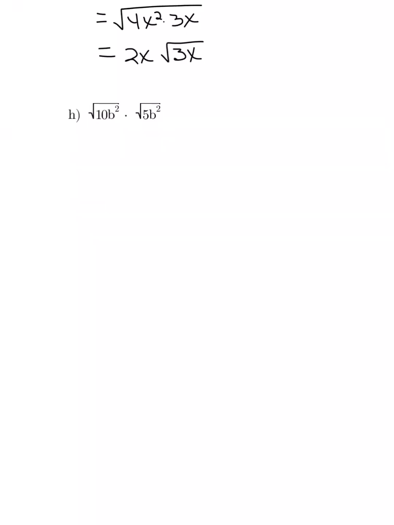We're going to take the square root of 10b squared times the square root of 5b squared. 10 and 5 don't simplify, so we're going to go straight to the multiplying and get the square root of 50b to the fourth.